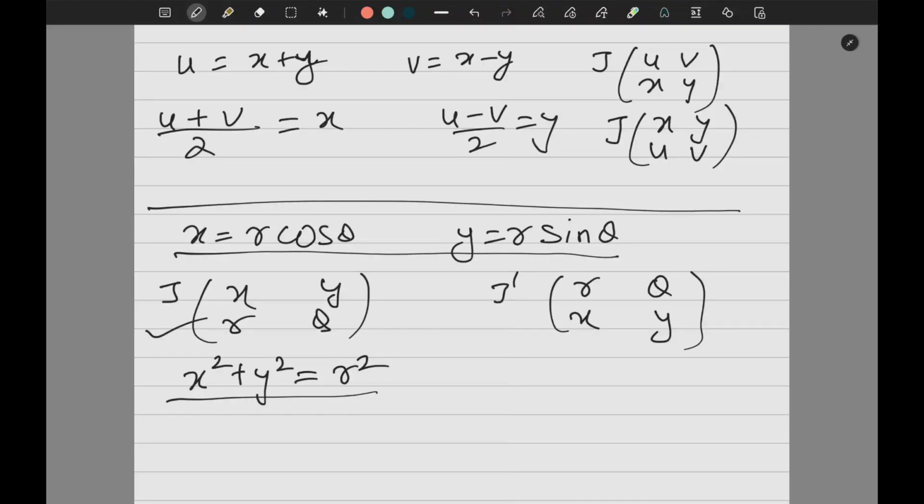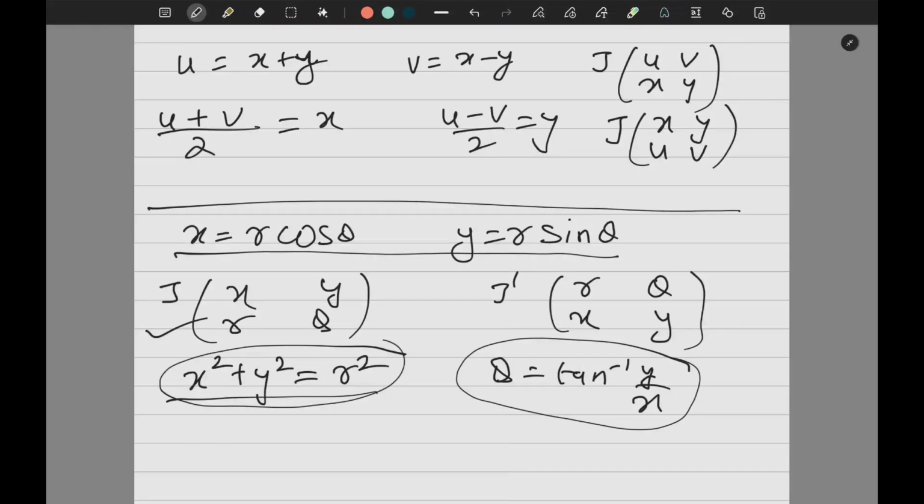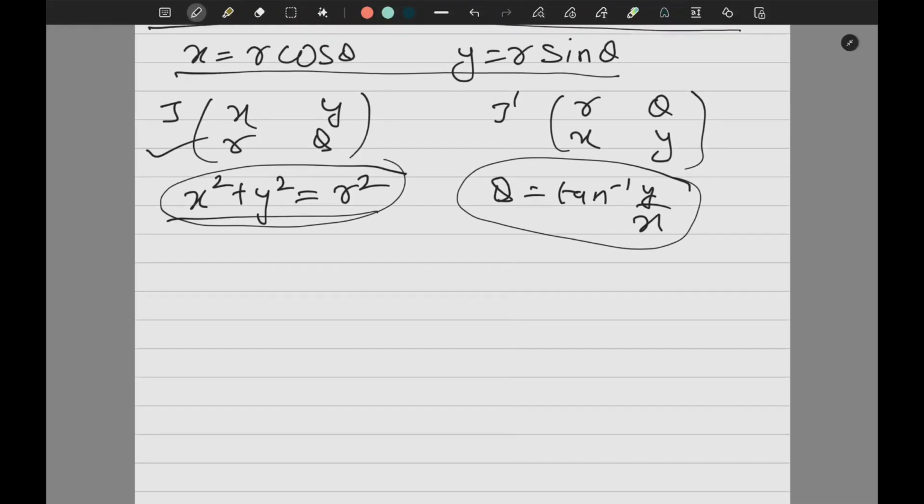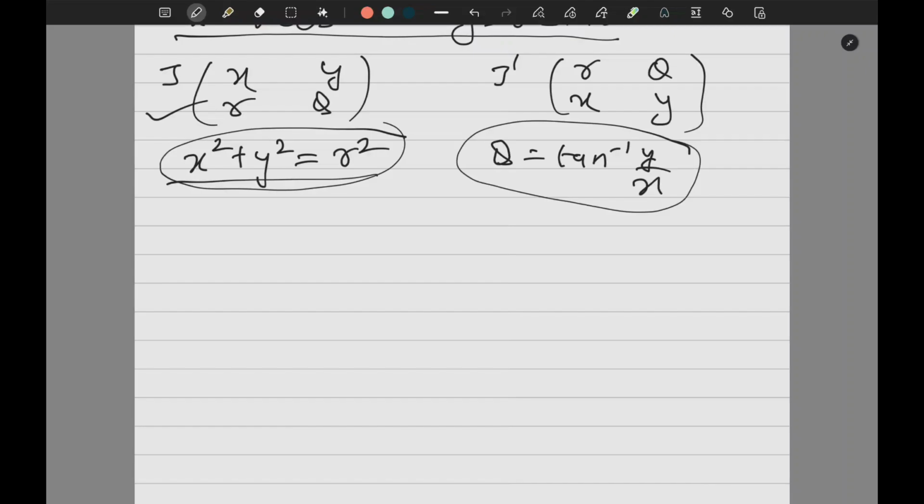And then if you divide these two, y by x is tan theta. So theta is equal to tan inverse y by x. So I got r as a function of x, y and theta as a function of y and x. So you need to differentiate it, make the determinant and solve. So this question is also very important. Don't get confused. I'll just show you the second part because the first part is easy.